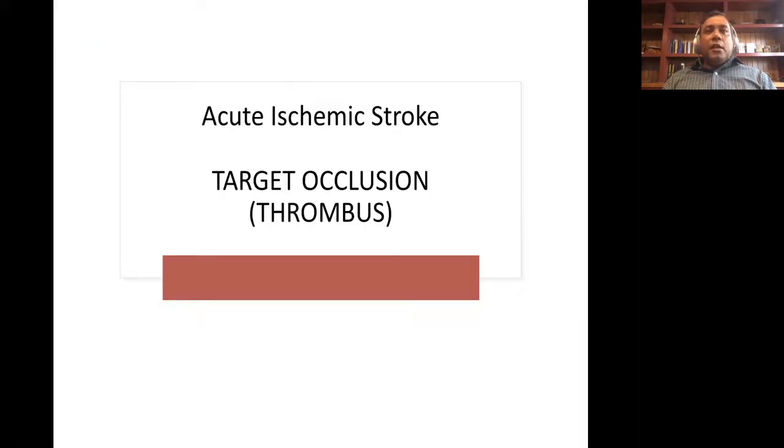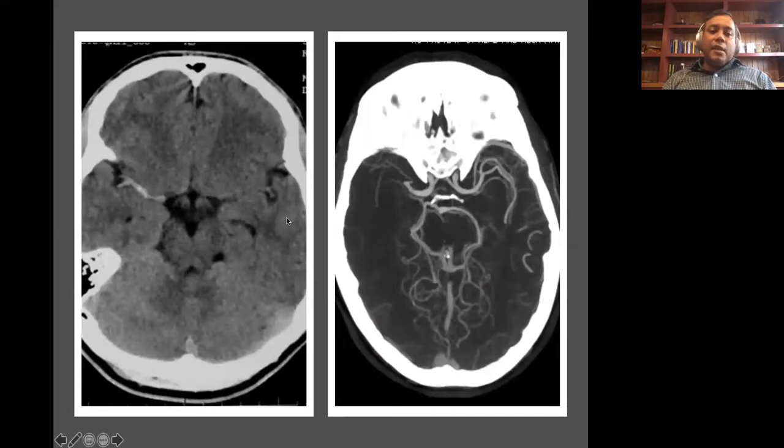In ischemic stroke, the first thing that we want to know is the presence of a target occlusion. I call this a target occlusion because that is a target for both endovascular thrombectomy as well as for intravenous thrombolysis, but more for endovascular thrombectomies. Now in this scan here, this is the non-con CT scan on your left, you see the hyperdense sign clearly.